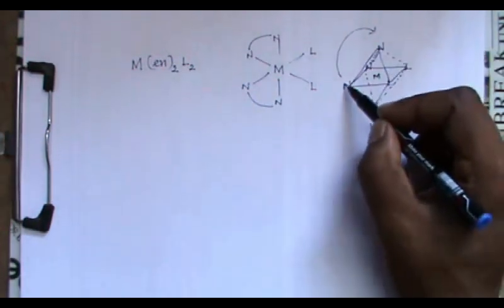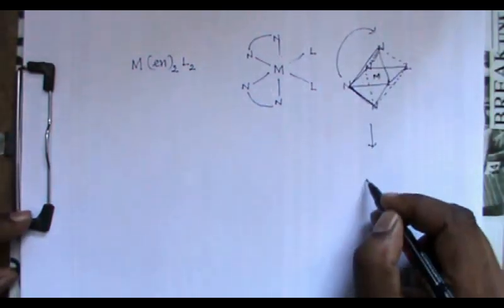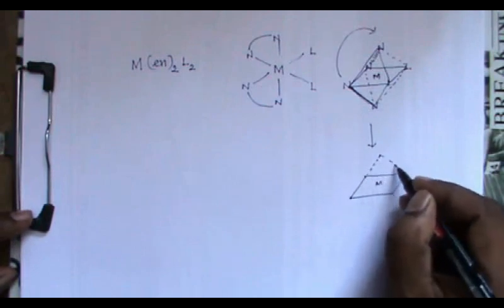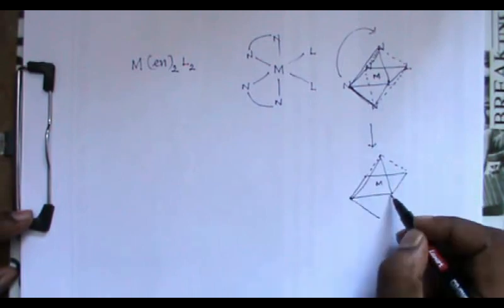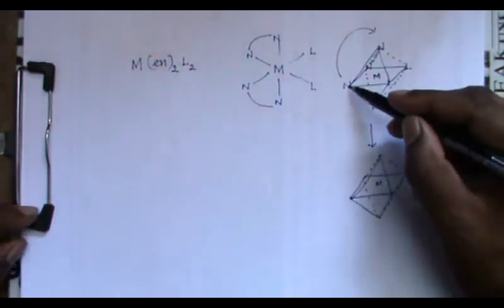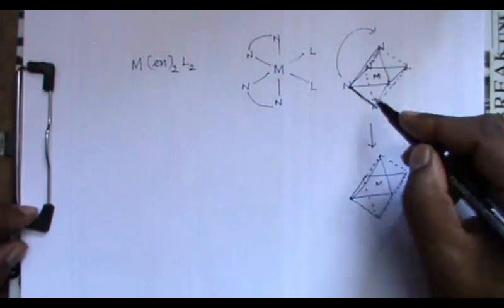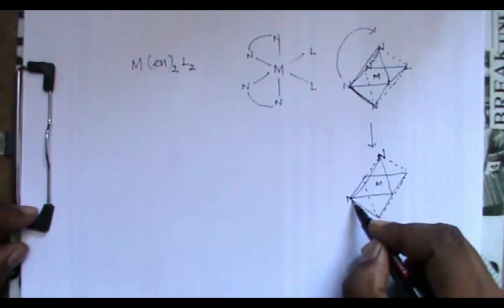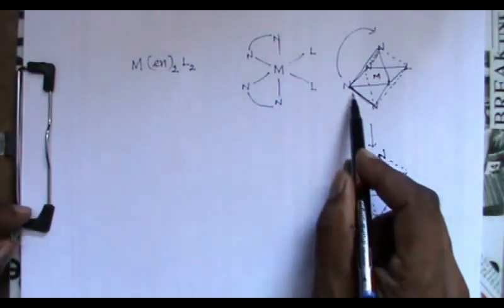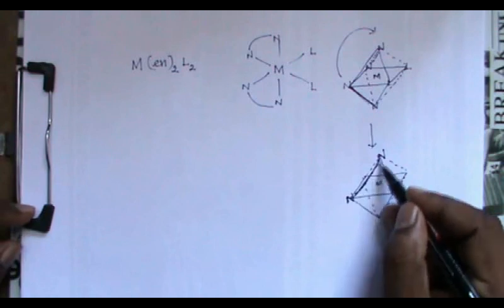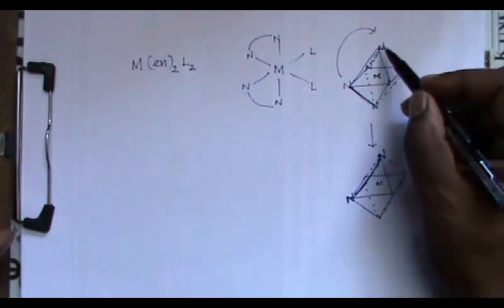So I am going to bring this nitrogen to the top. When I rotate, this will go to this position and this will come here. Since it is in the front, I give a thick line for this. What about this nitrogen?